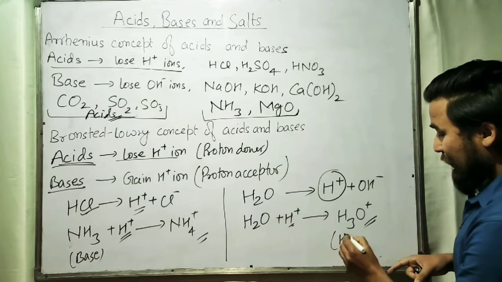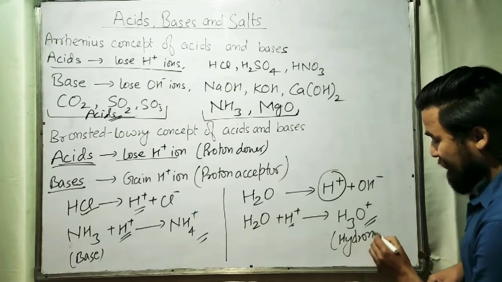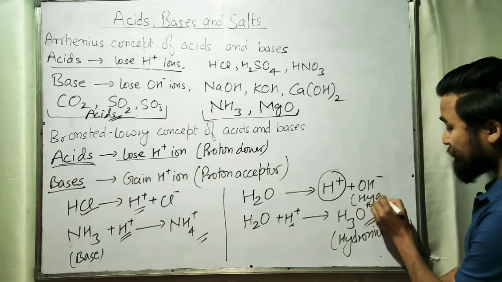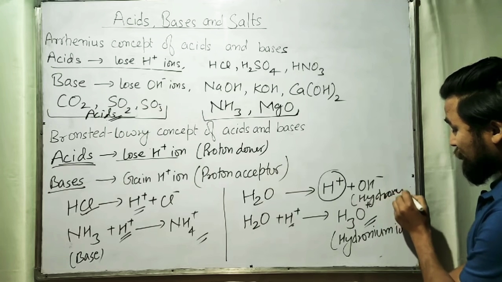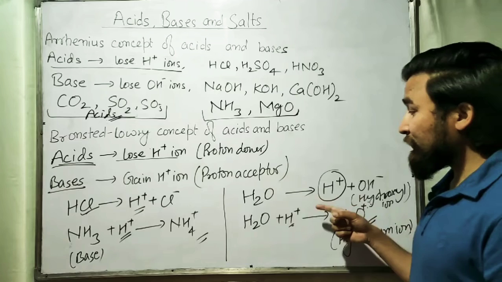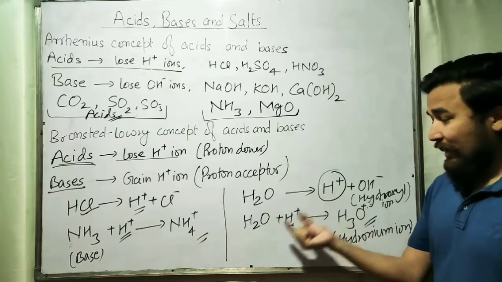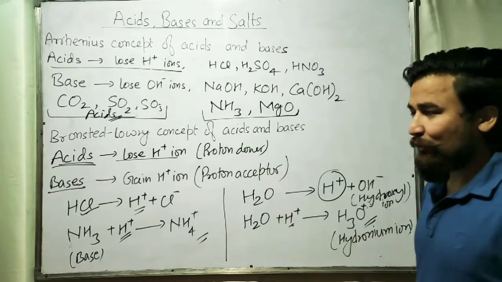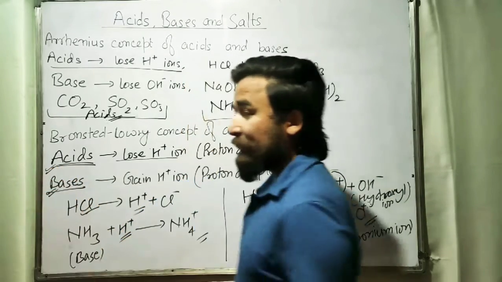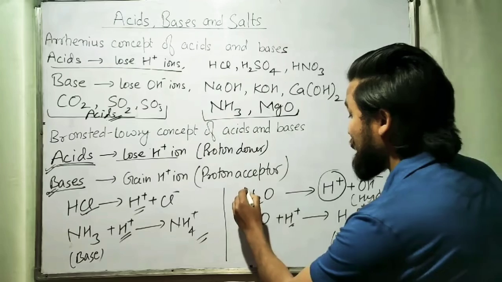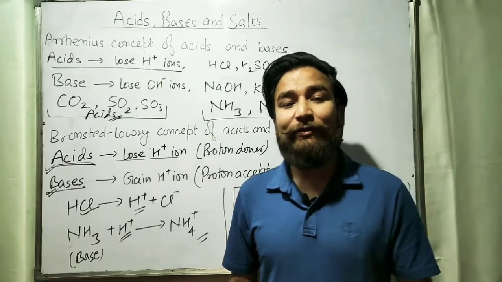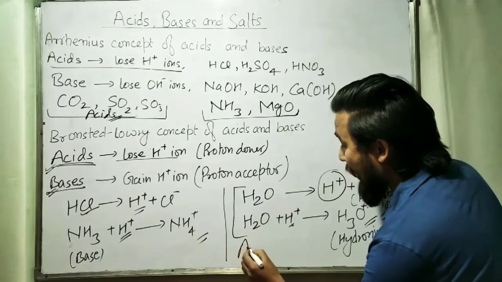This is called the hydronium ion, and this is called the hydroxyl ion. So water can lose the proton as well as gain the proton. Substances which behave like both acids and bases are called amphoteric.